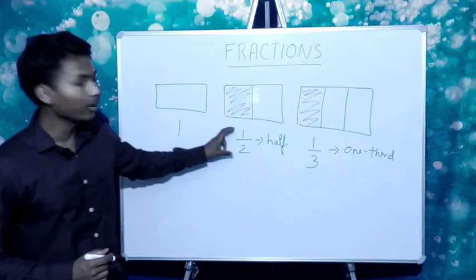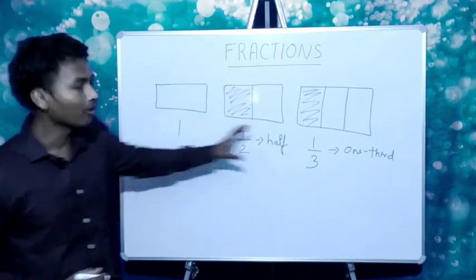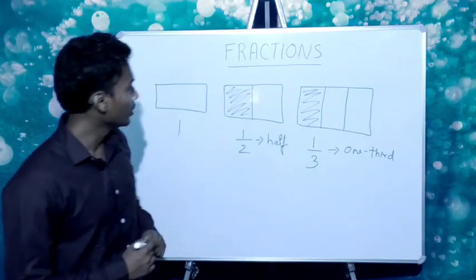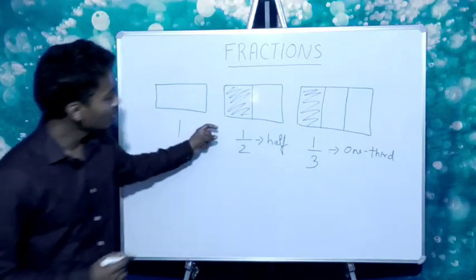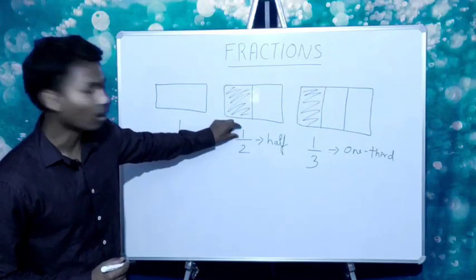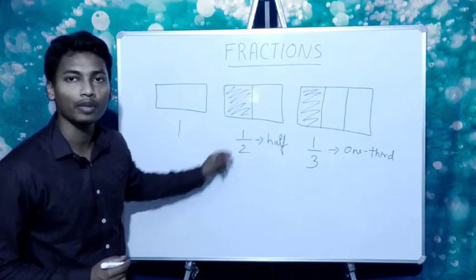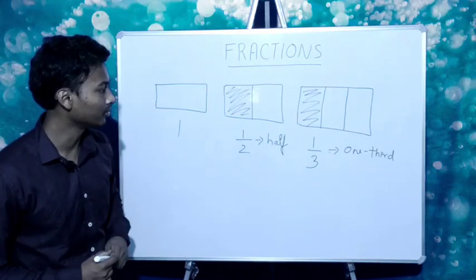So this way of representing the part of a whole is called a fraction, right? In which the number represented on the top is called the numerator and the number represented in the bottom is called the denominator.